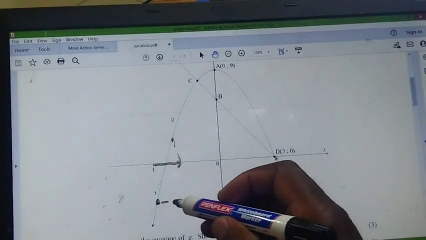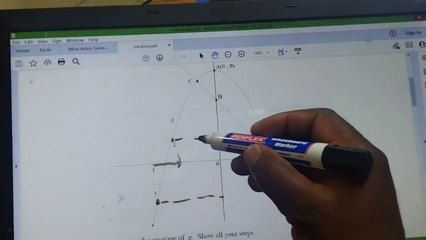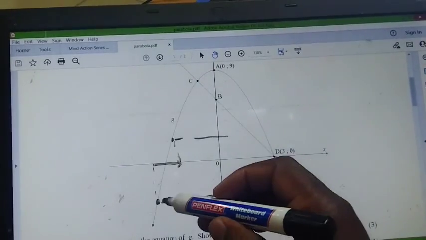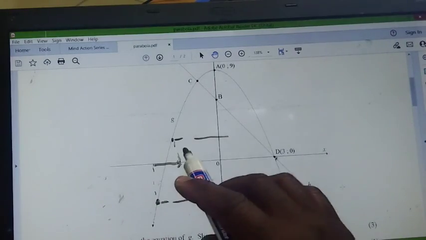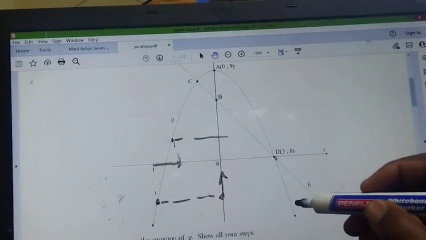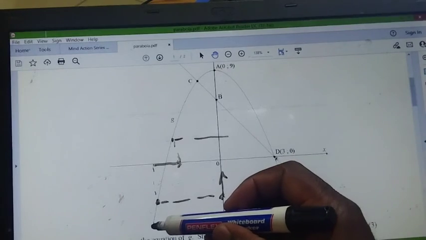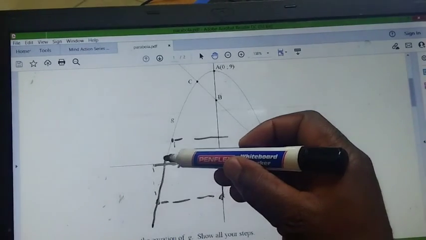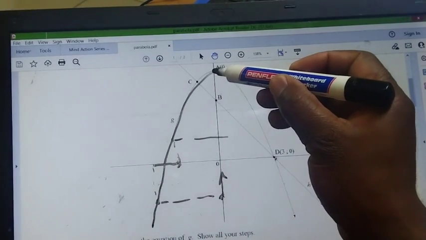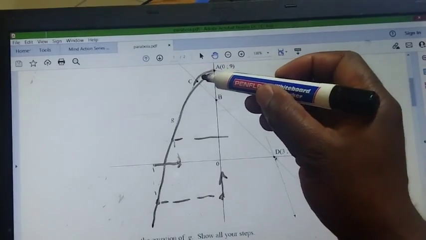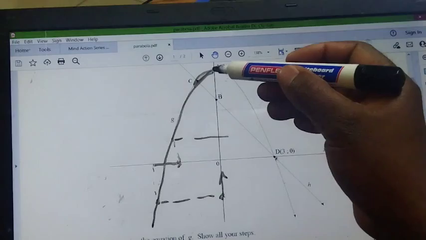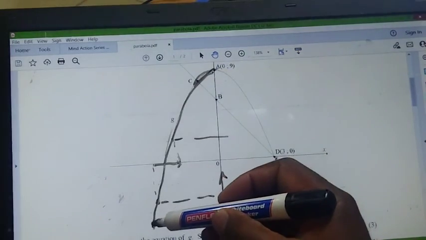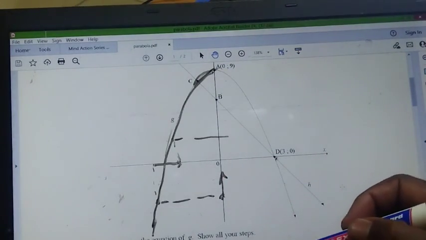Now let's check on the y coordinates. Firstly, you were here, and then you are moving positively with the x, and also the y is increasing. So that means the graph is increasing for this part until you reach the turning point. So how do we describe this part of the graph in terms of x?